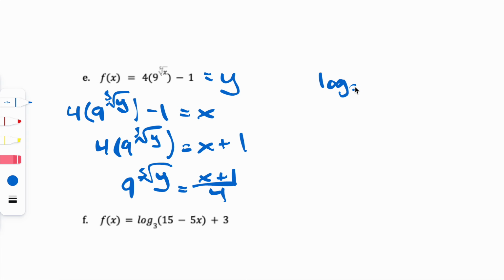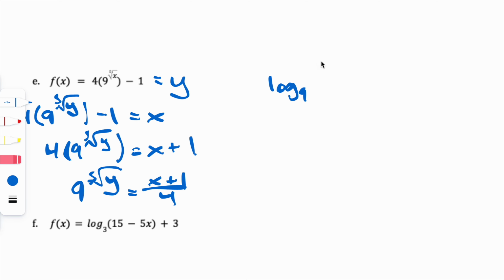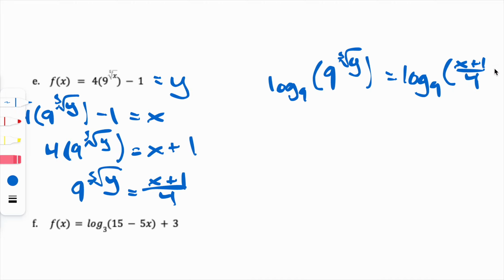So we're saying log base 9 of 9 to the 5th root of y equals log base 9 of x plus 1 over 4. Perfect. And by the definition we stated before, this is just equal to the 5th root of y. And that's equal to log base 9 of x plus 1 over 4.